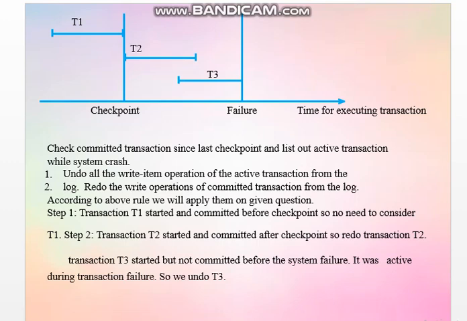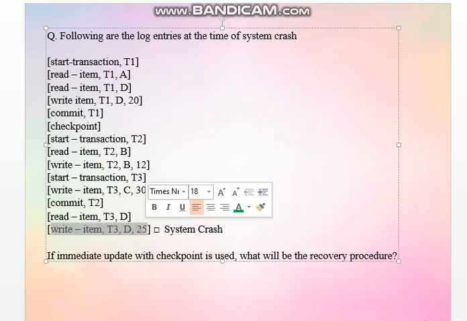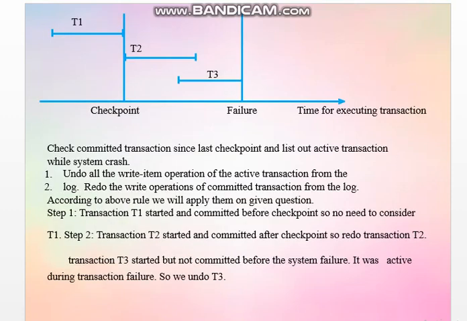Step number 2 is to undo all the write operations of the active transactions. The only active transaction here is T3, so whenever there is a write operation, we just need to undo it. Then step number 3 is to redo the operations of the committed transactions from the log.